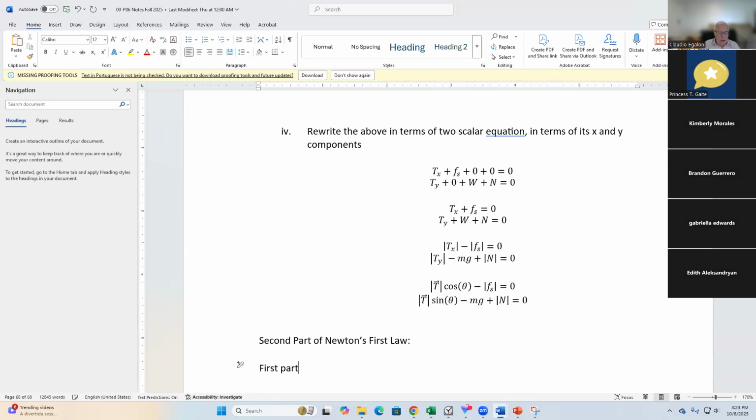First part, object must be at rest. Second part, object is moving with constant velocity. That's the second part.